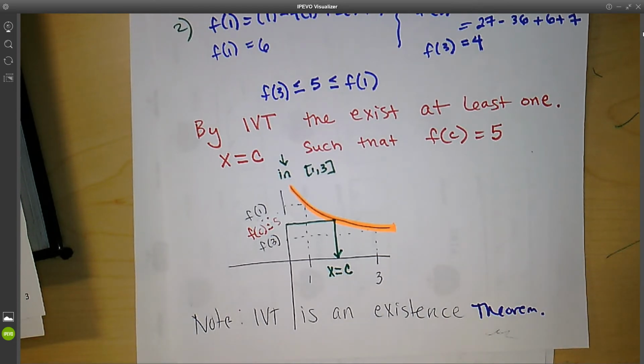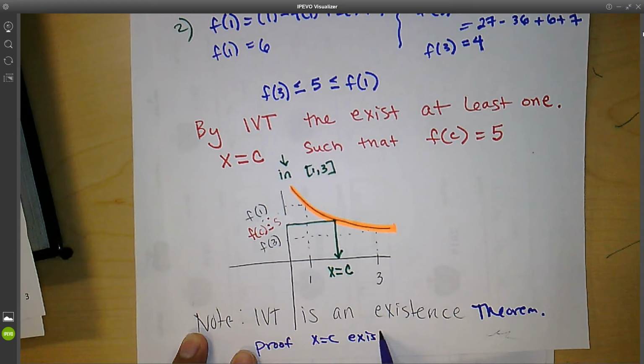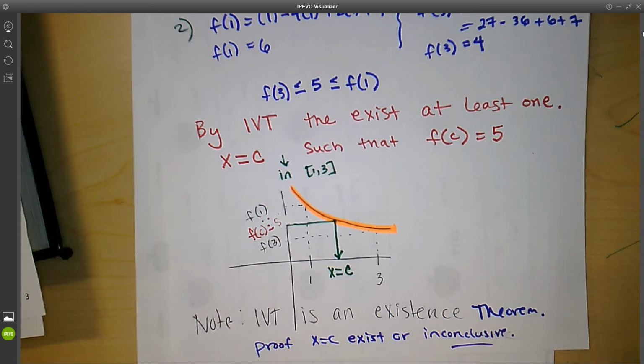Any other case, you cannot say it doesn't exist. It will just be inconclusive. So prove x equals c exists, or inconclusive. If it's not continuous, you would just say the intermediate value theorem does not apply because it's not continuous.